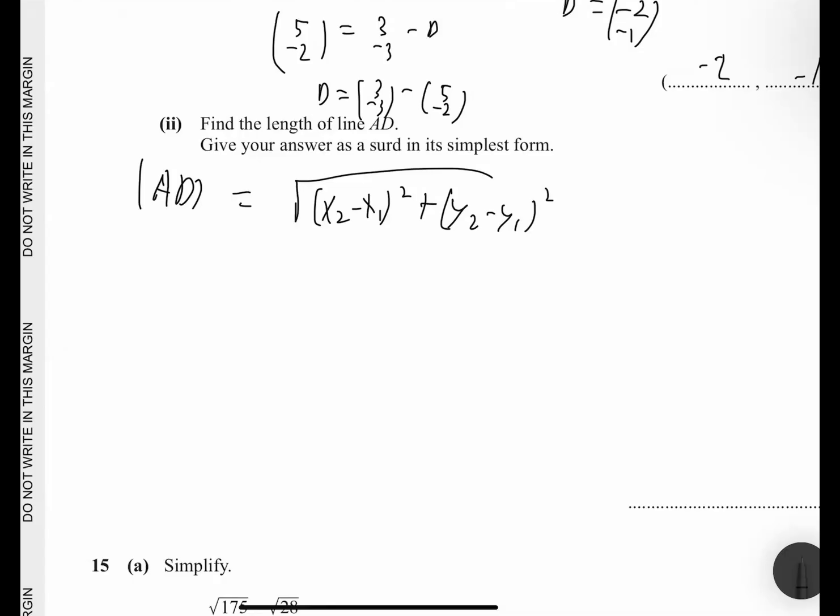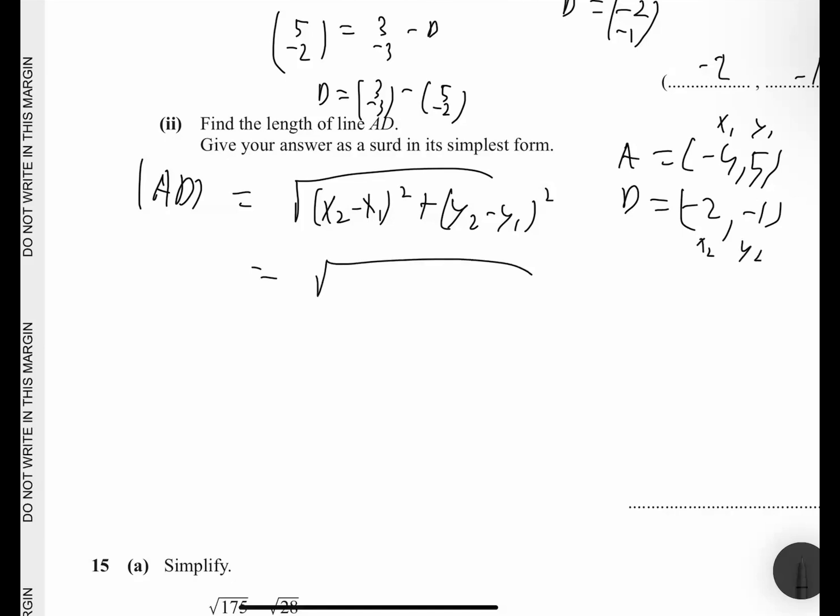We need to have 2 points, A and D. A is minus 4, 5, and D is, as we found out above, minus 2, minus 1.